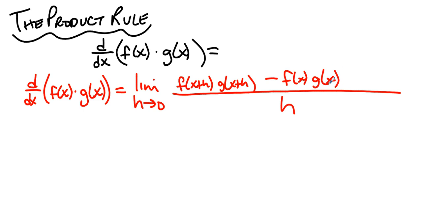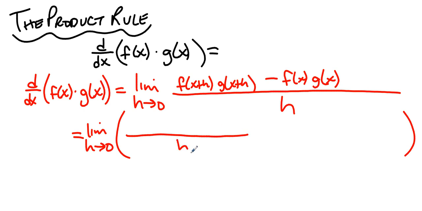So now I want to do something to this that's going to turn it into something that I know what to do with. And I've got to tell you, the greatest mathematical minds in the whole wide world struggled with the thing that I'm about to do. I'm about to split this into two fractions. And I'm going to keep the f of x plus h, g of x plus h over here.